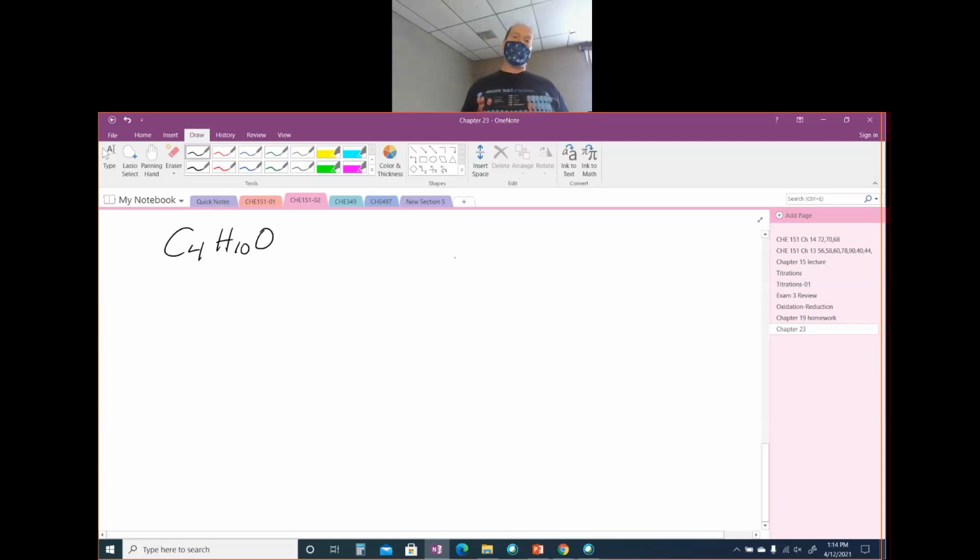Or if it's even harder, it'll say give all the isomers, structural or stereo. But on the test, it's going to be more like, give the 7 structural isomers. They give you a number so you know how many you're looking for.